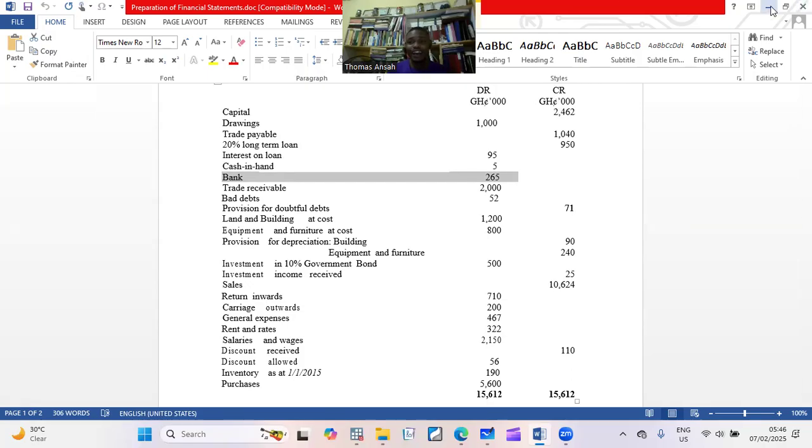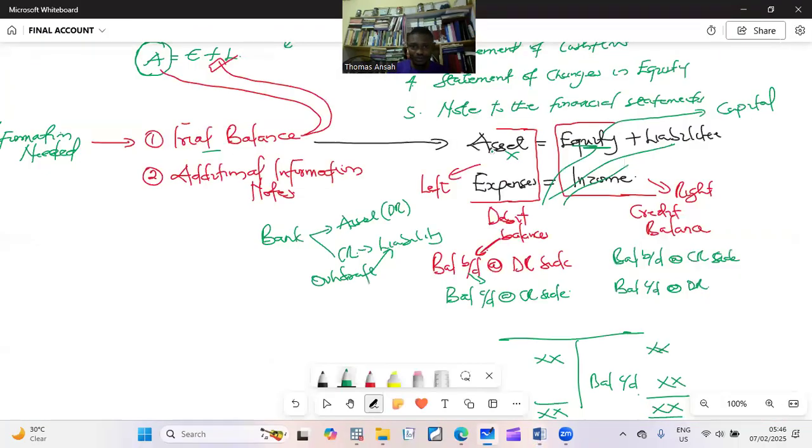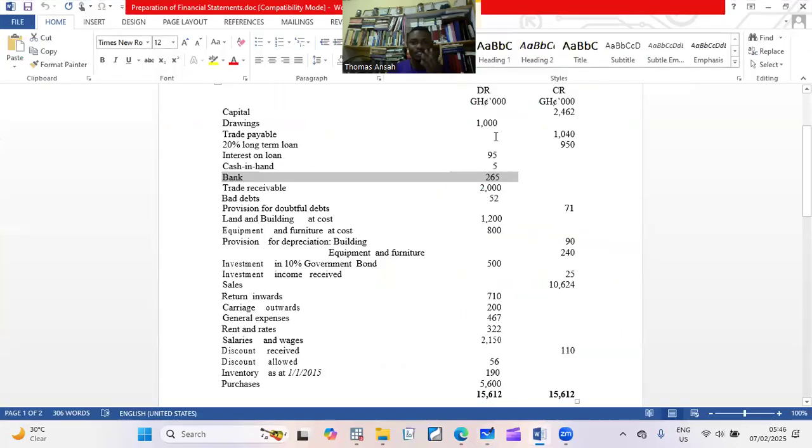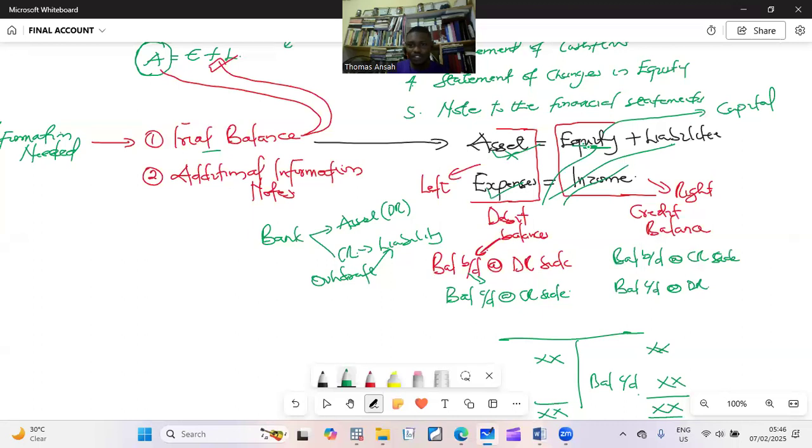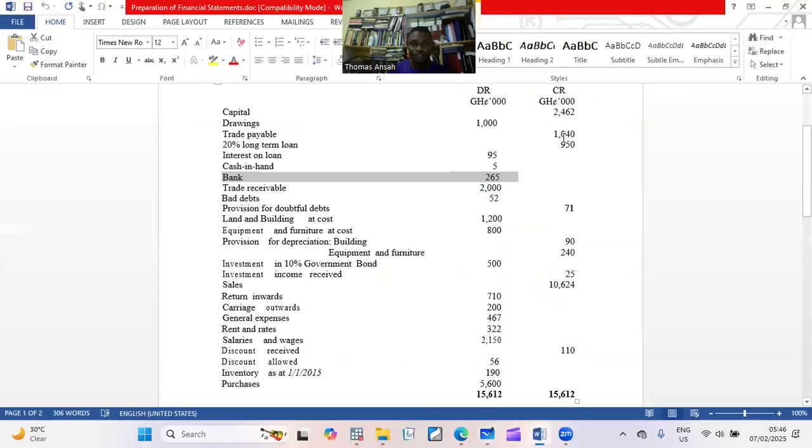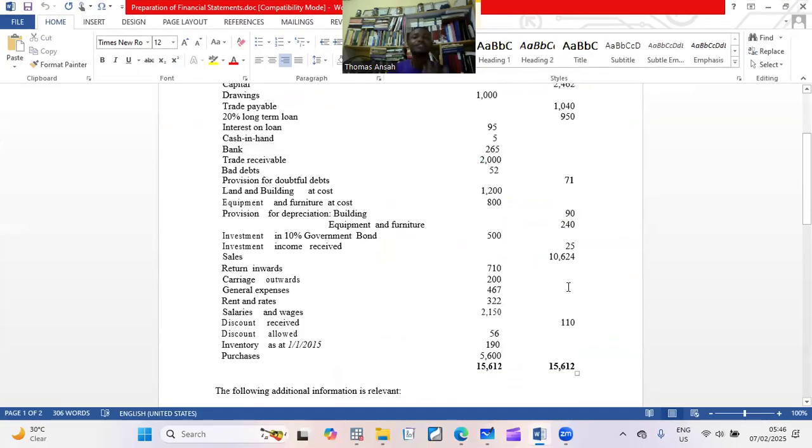They are either assets or expenses, all the things you see here at the debit side. Then all the things you see at the credit side can be any of these three: it can be equity, it can be liability, it can be an income. So you see those things at the credit side. That is the trial balance information.